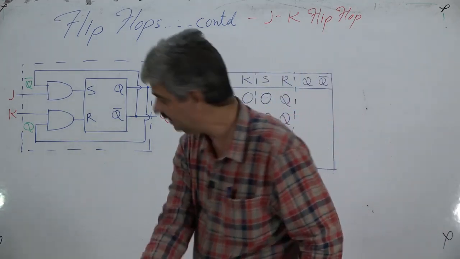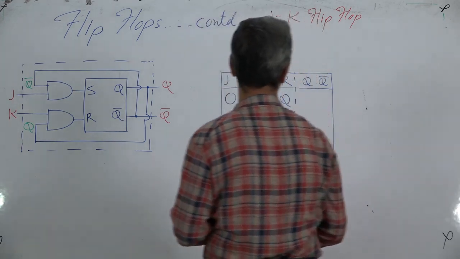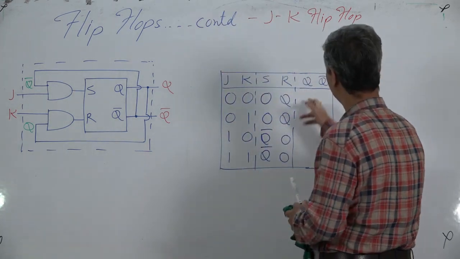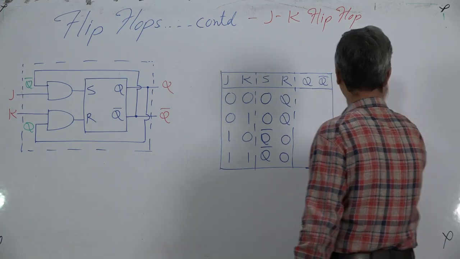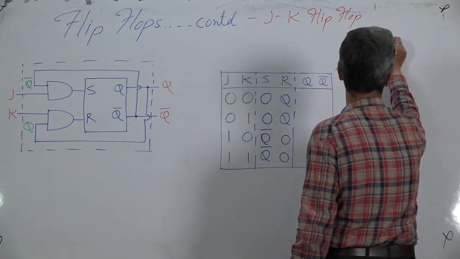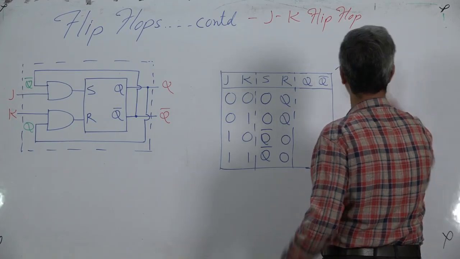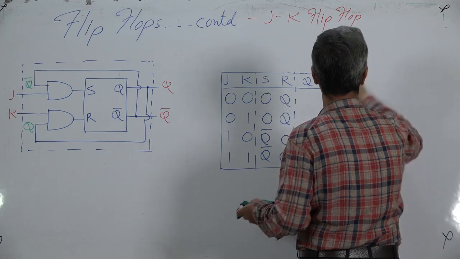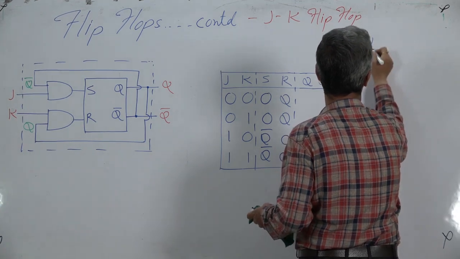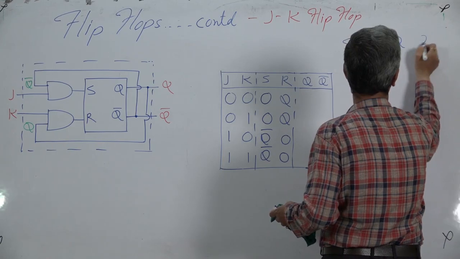If we want a very detailed explanation, instead of only working for this, we expand this. Expand this in the sense of S, R, Q, Q bar.